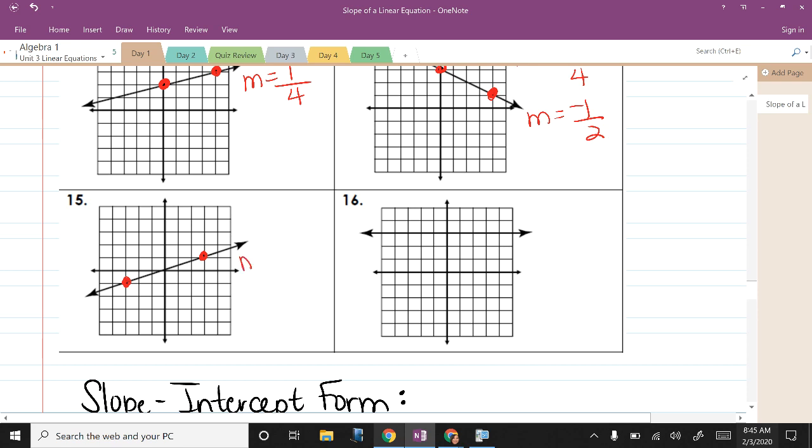Up how many? 2. And to the right how many? And what does that reduce to? 1/3. Raise your hand if you got m equals 1/3 for number 15. And number 16, the slope is what? 0. Raise your hand if you got them all right. Raise your hand if you only missed one. Raise your hand if you thought that was really easy. All right, good job. Good.